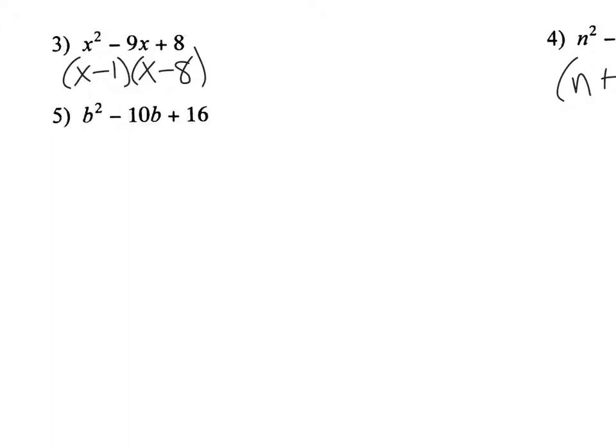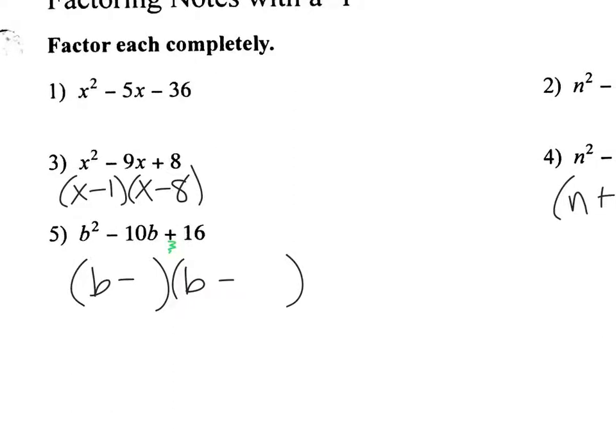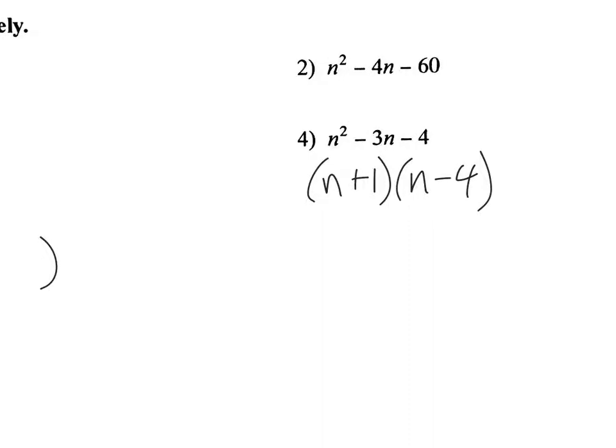Okay, 16. Something else you can do here is, since it's add, I know my signs are the same. Here they both have to be negative because that's a negative. So when they add, the signs are the same. But when they subtract, like these, our signs were different.